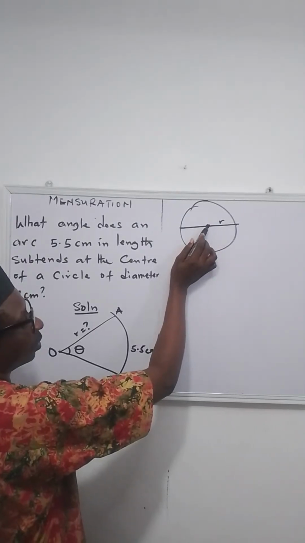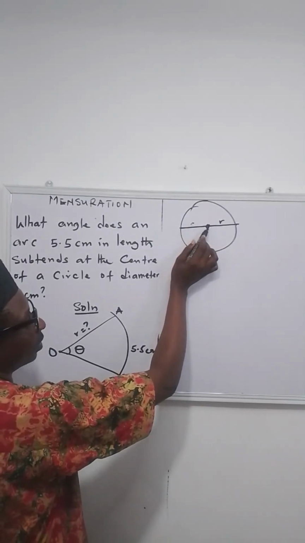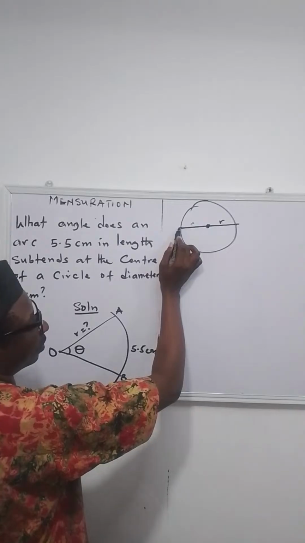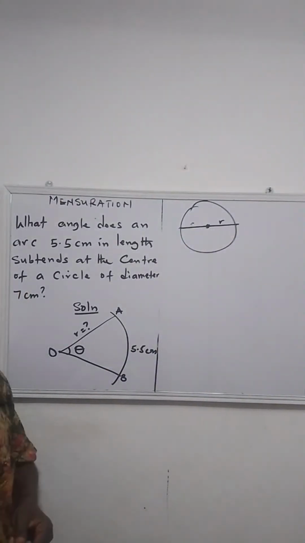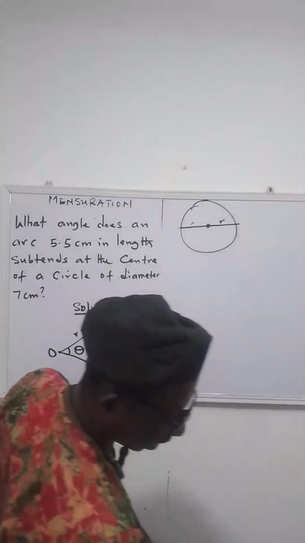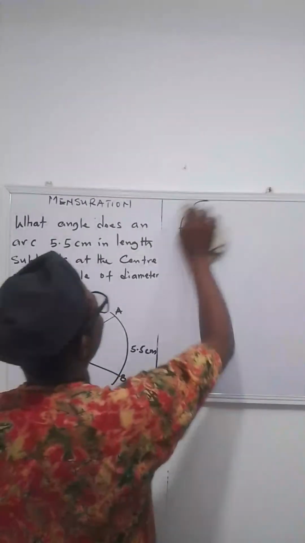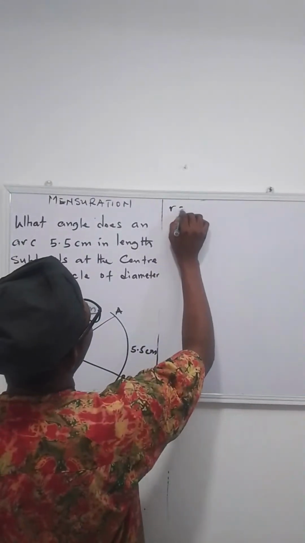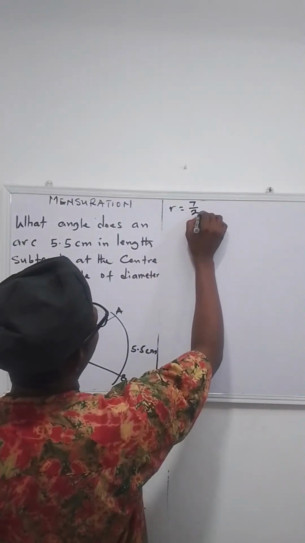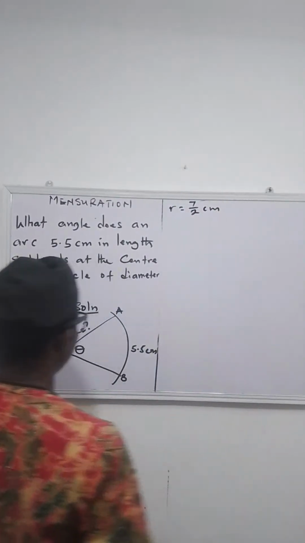This is also a radius here. And this is the diameter. So radius is half the diameter. In this case we have r to be half of 7 centimeters.